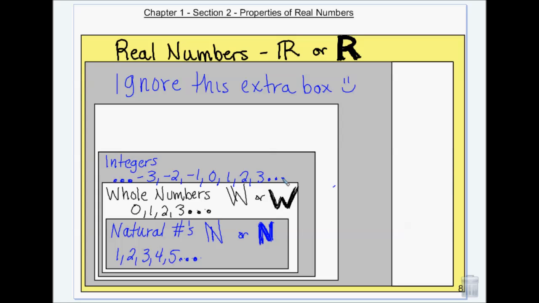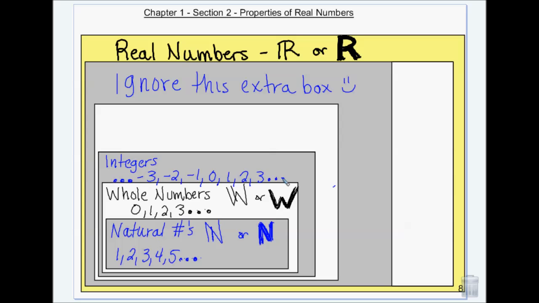And we go in both directions now infinitely. The natural numbers and the whole numbers only go in one direction infinitely. They have an end on the one side, whereas the integers have no end on either side. They go in both directions infinitely.